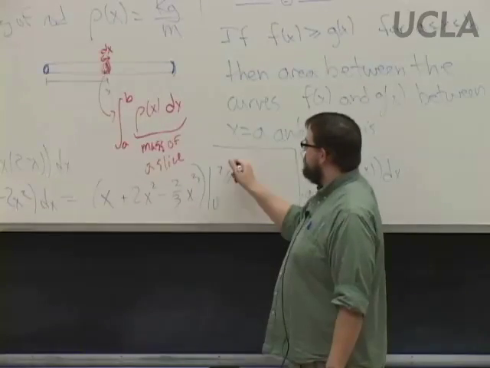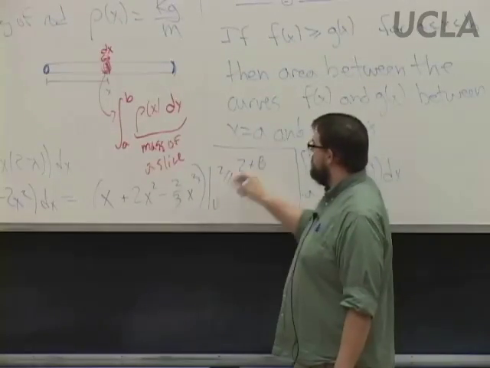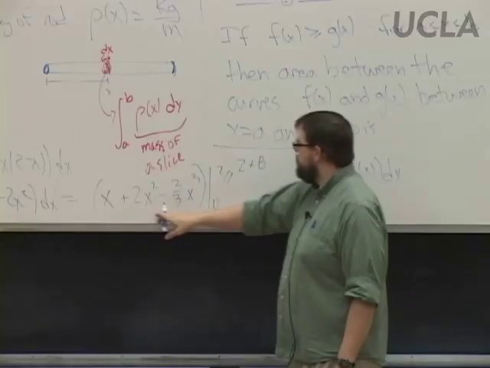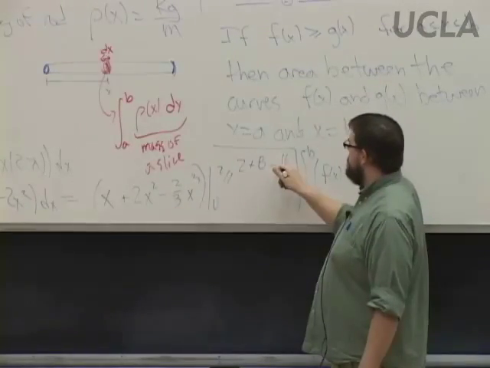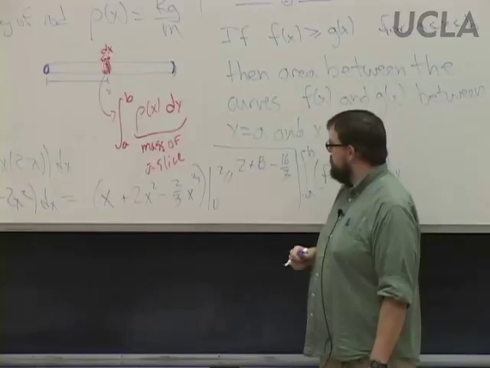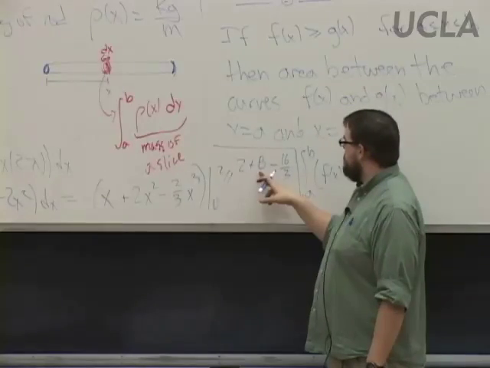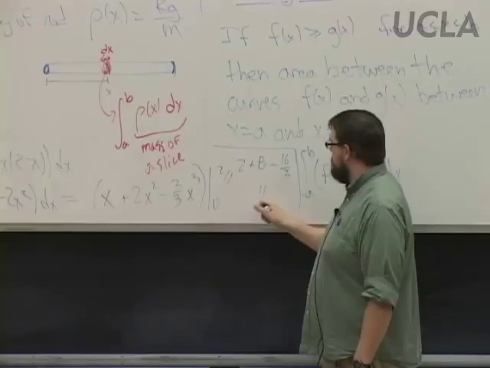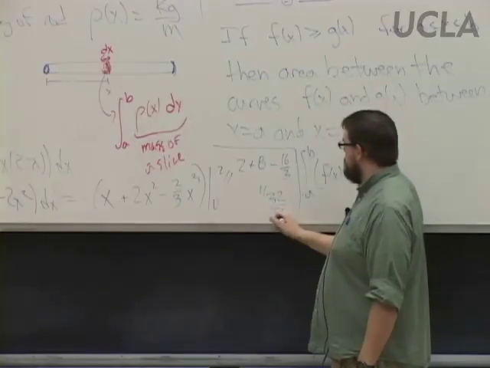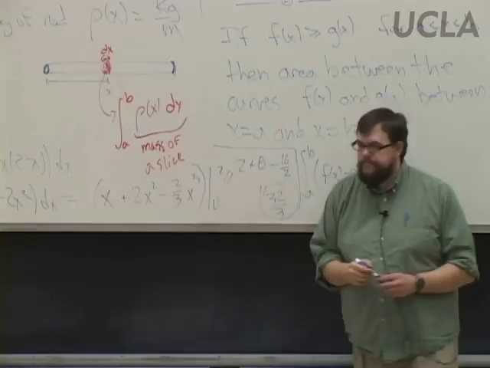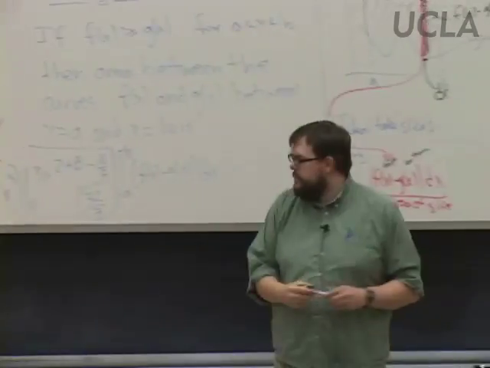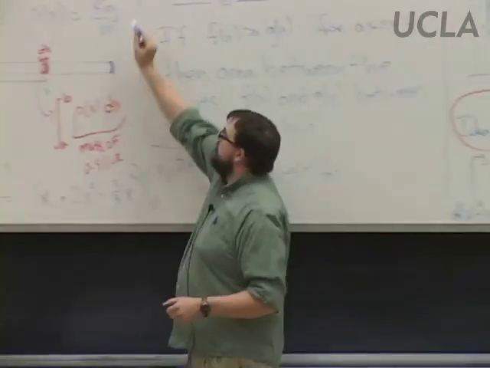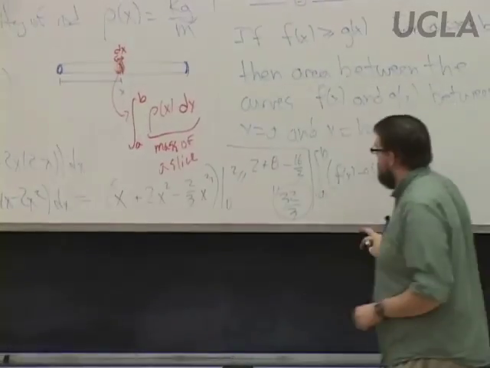So that is 2 plus 8, which is 2 times 2 squared, minus 16/3, which is 2/3 times 2 cubed. 2 plus 8 is 16, which is 48/3. Minus 16/3 gives us 32/3. OK, so now I know the mass of that rod, 32/3 kilograms.